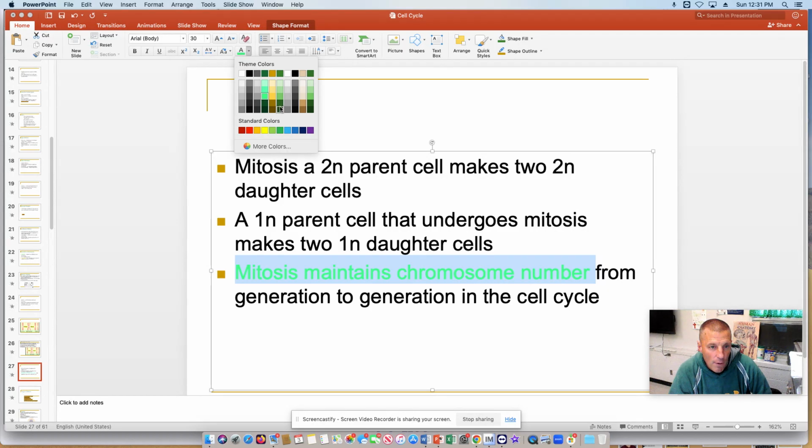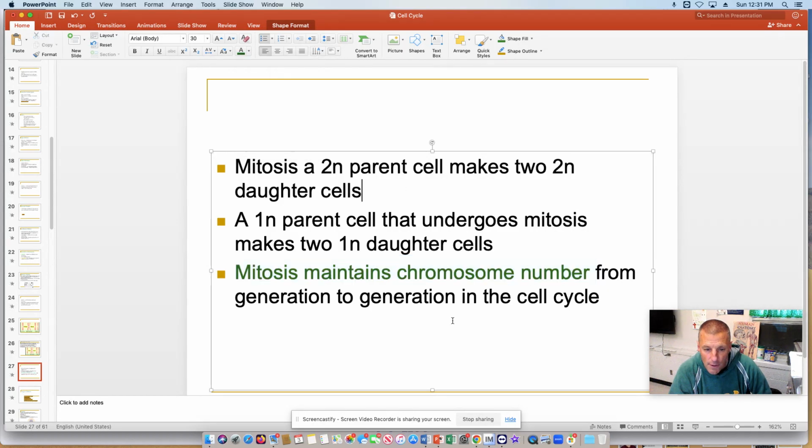I don't know if you can see the color difference very well, but mitosis maintains chromosome number. Whatever it was, that's what it's going to be. 1N to 1N, 2N to 2N. There's no such thing as 3N, but whatever it started with, that's exactly what you're going to have now.